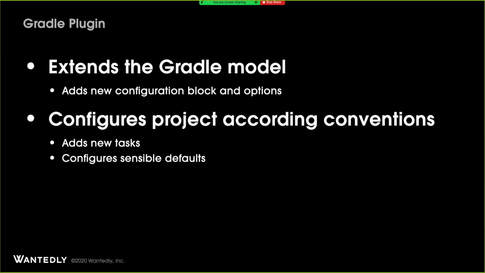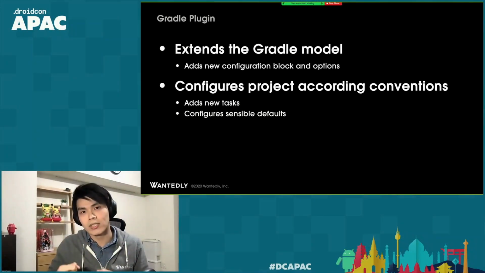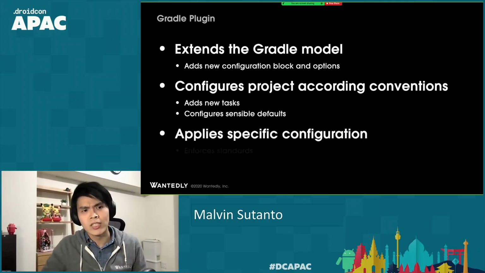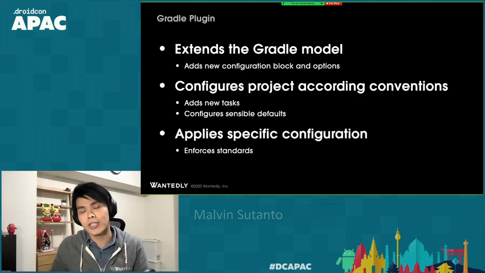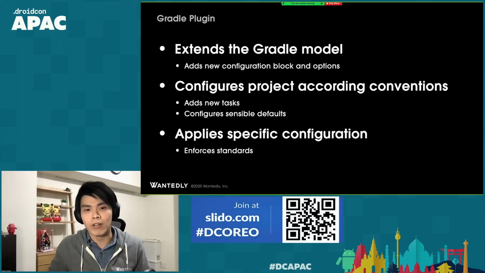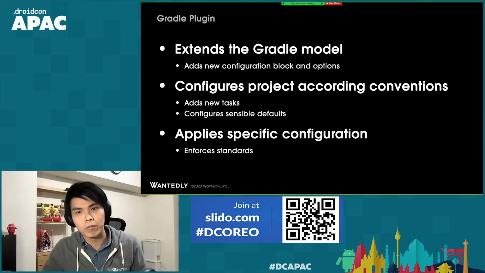A Gradle plugin can create and add new tasks to the task dependency graph and then configure sensible build defaults or default build parameters for your project. A Gradle plugin can also help you to apply specific configuration to your modules. For example, you may want a Gradle plugin to enforce test coverage on each of your modules.